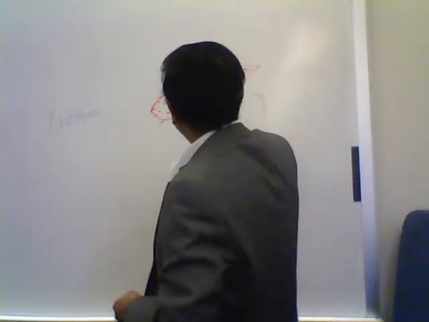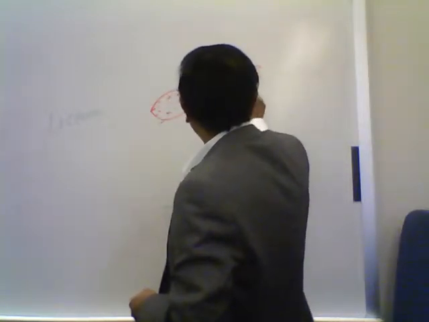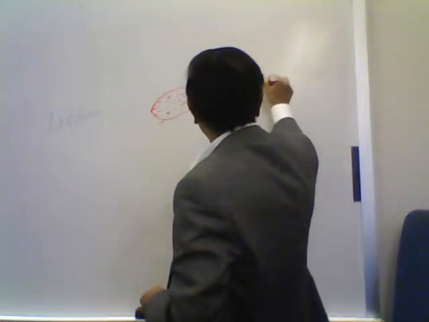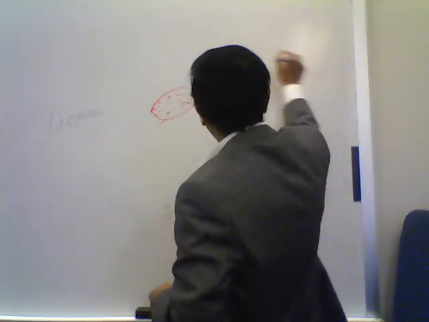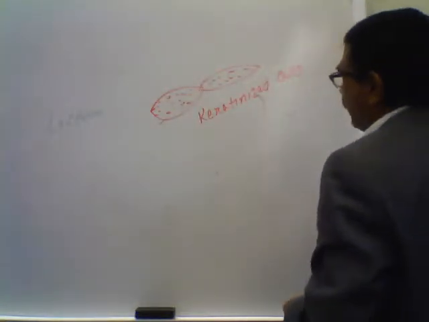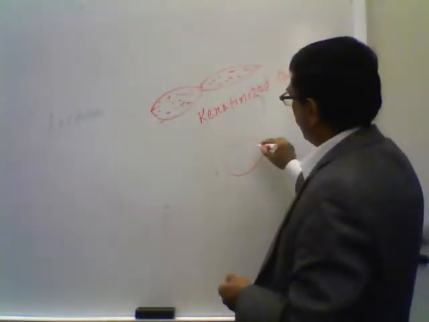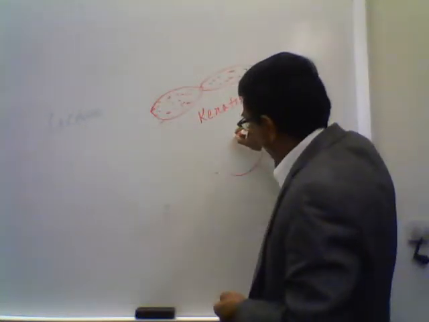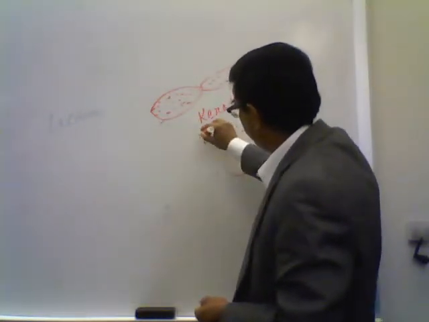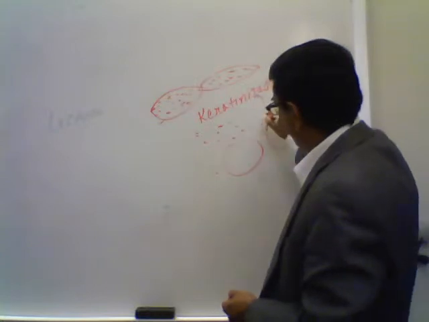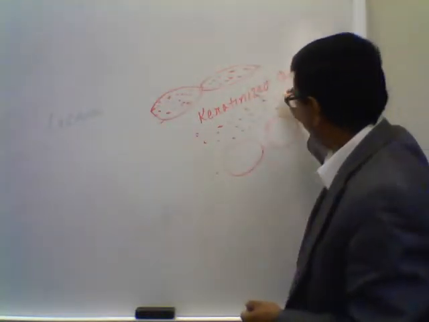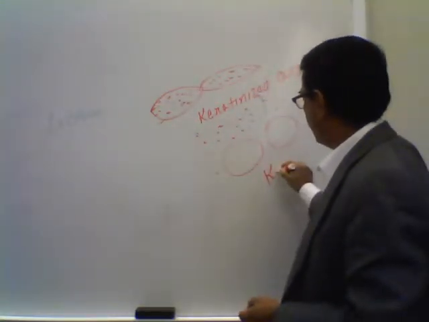So these are called keratinized cells. Another type of cells we have in the epidermis, those cells produce and secrete keratin. So these cells produce and release keratin. These are called keratinocytes.